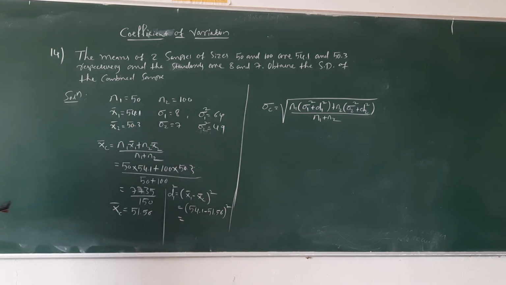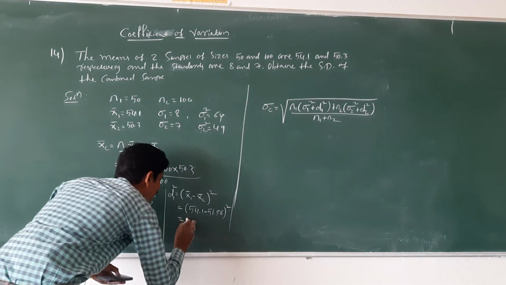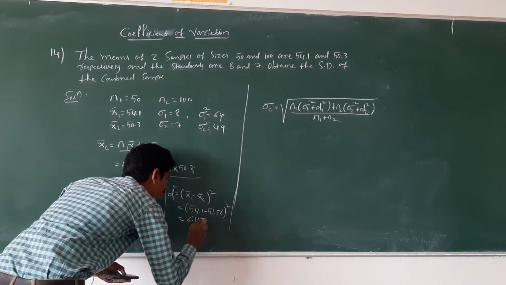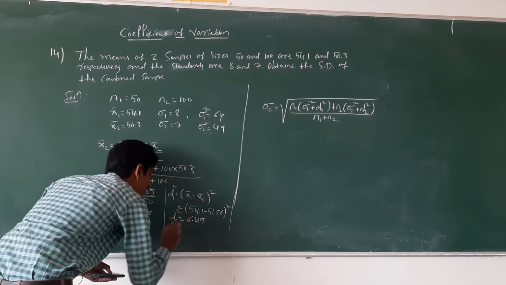Here 54.1 minus 51.56 is 2.54, its square is 6.45. Here d1 square value is 6.45.